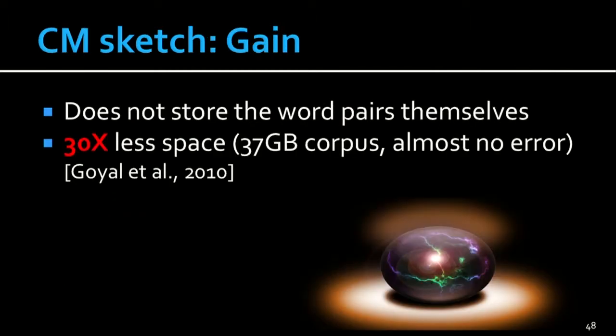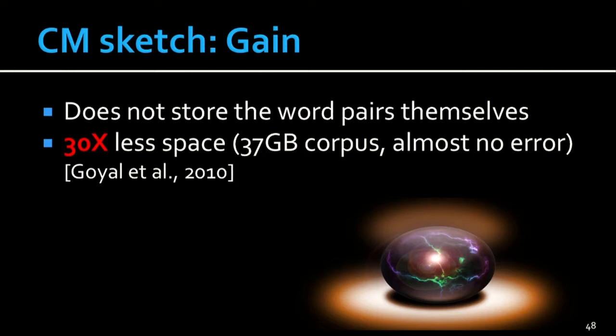So what is the gain that we achieve by using the second solution compared to the vanilla Hadoop solution? Well, the first gain is that we don't store the word pairs themselves, and that, plus the efficiency of the counting sketch keeping the counts themselves, results in a lot of space gain. In an actual study of this exact same problem, the space gain that was achieved was 30x. Okay?